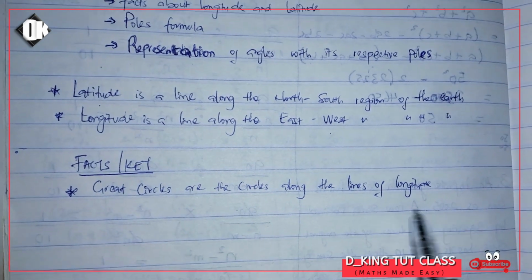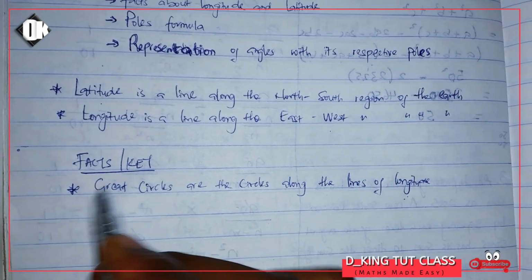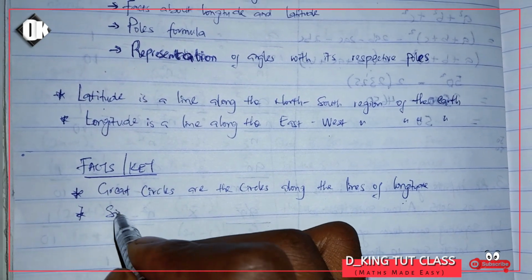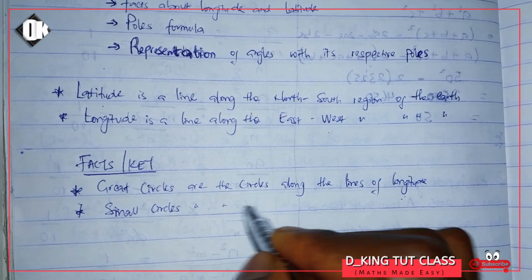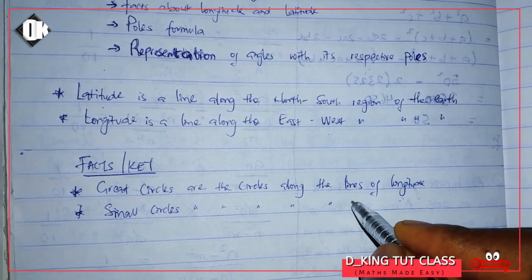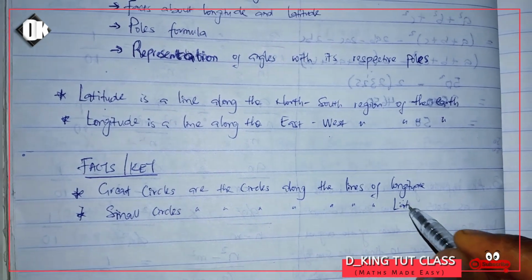Some people refer to lines of longitude as great circles. The same thing, small circles in its own case are the circles along the lines of, in this case, latitude.